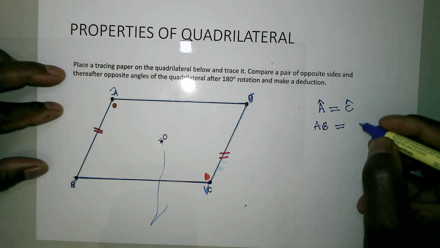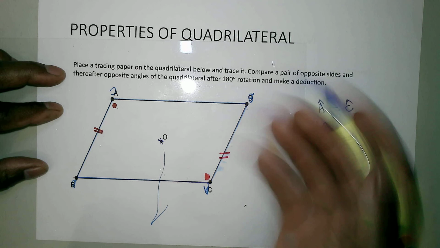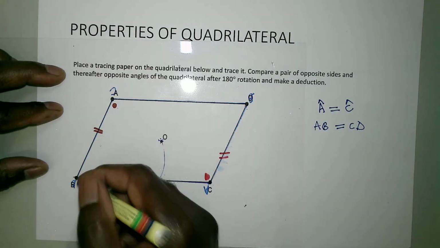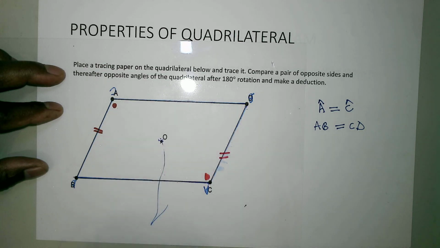That is what we are able to find out. So angle B is equal to angle D.